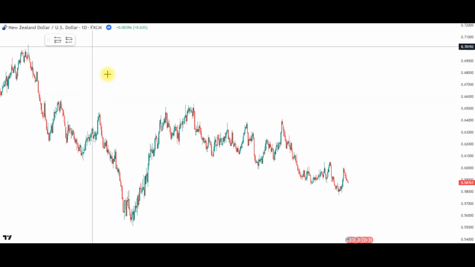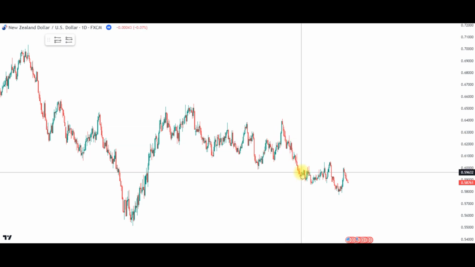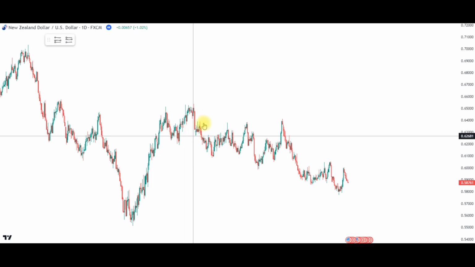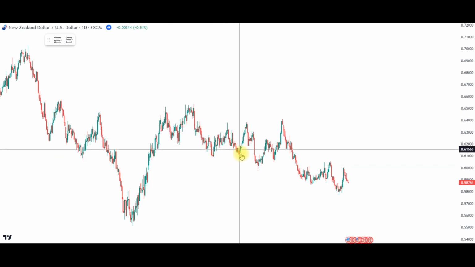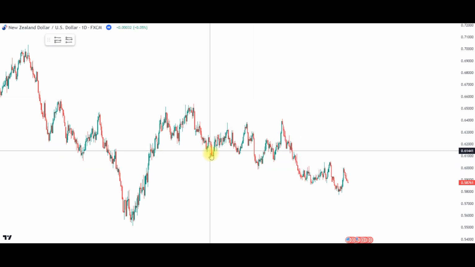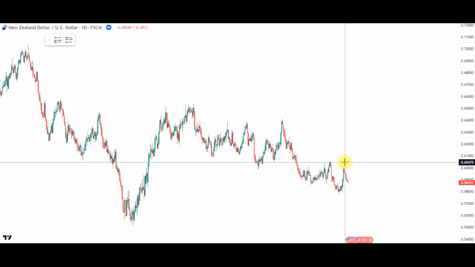We started out here at the daily chart and we analyzed the ongoing downwards movement, and of course compared to this upwards impulse here, we see that the downwards movement isn't that strong. The pullbacks are always coming really high, but we're still making lower lows and lower highs, so the downwards movement is still active.